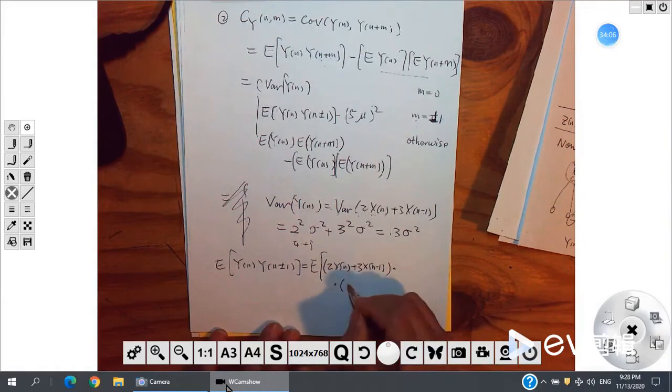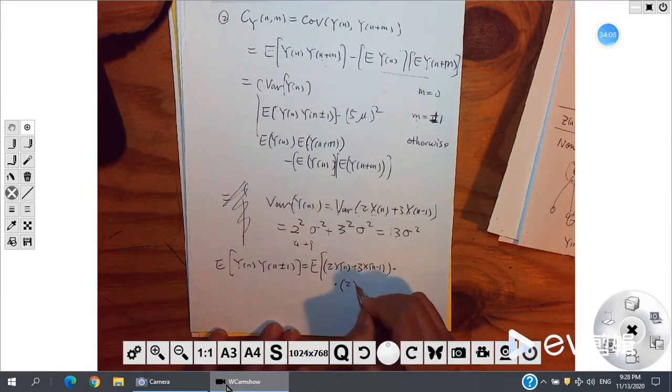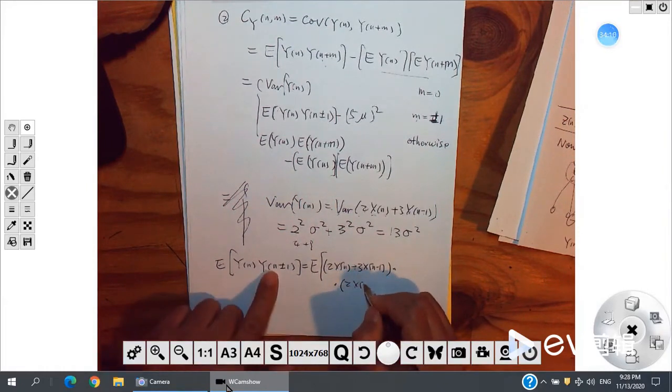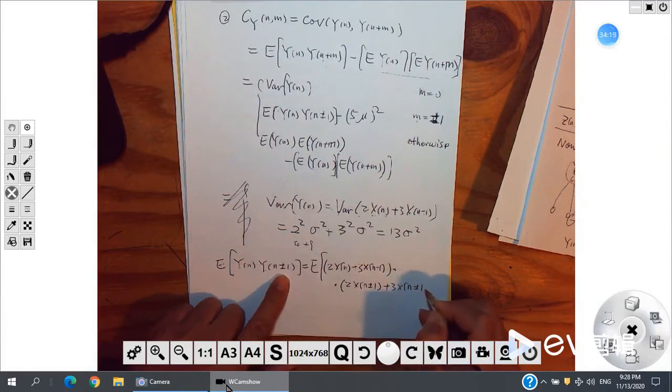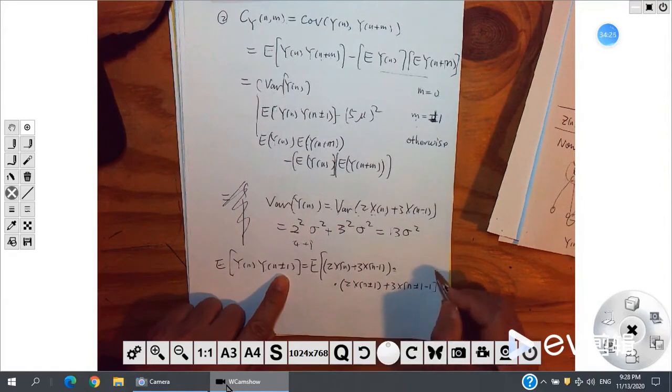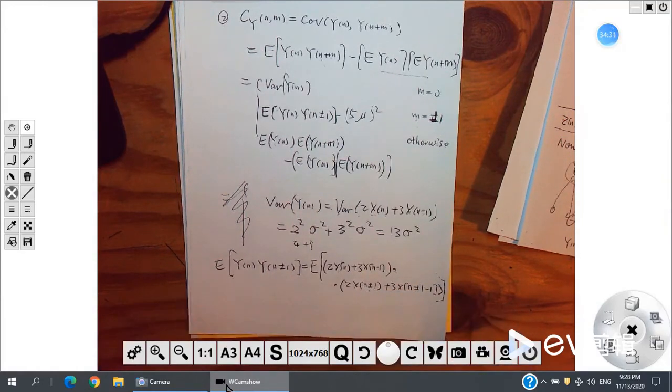Y will be 2x of n, where now n is n plus or minus 1, and 3x of n plus or minus 1 minus 1 more. This one times this one, and take the mean value.